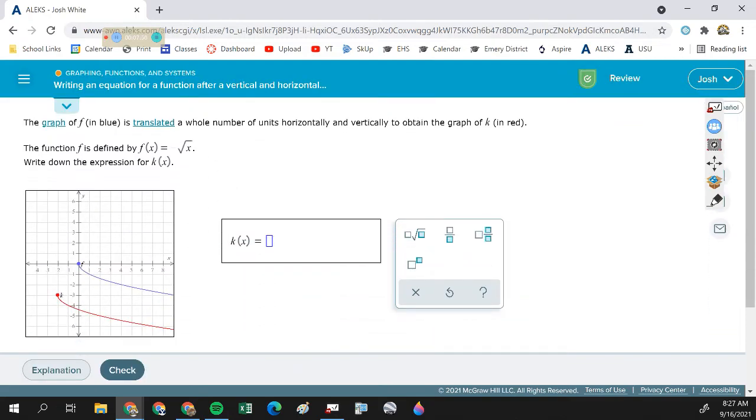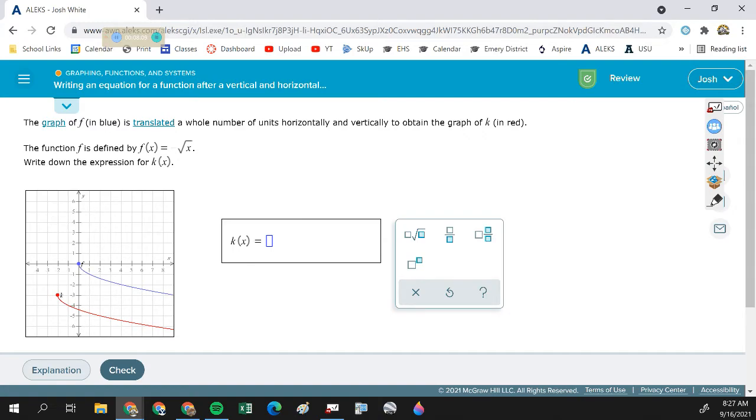Okay. We start with the blue graph. We end with the red graph. What effect did we have? How did we move it? We moved it left 2 and down 3.